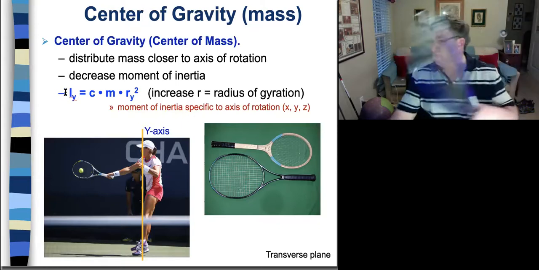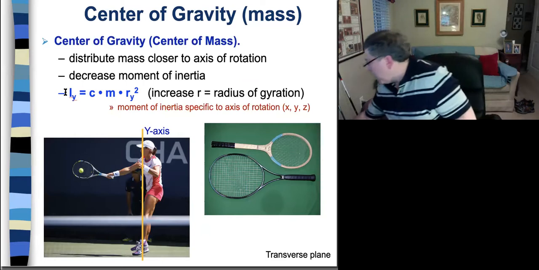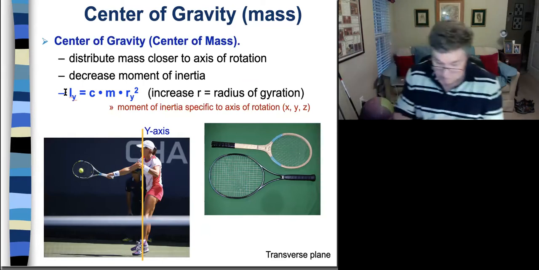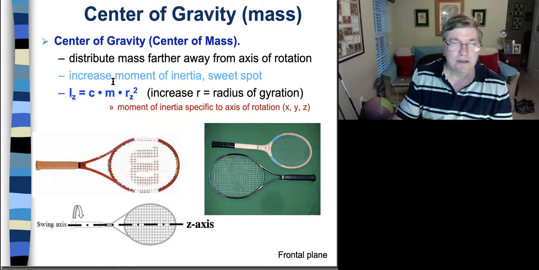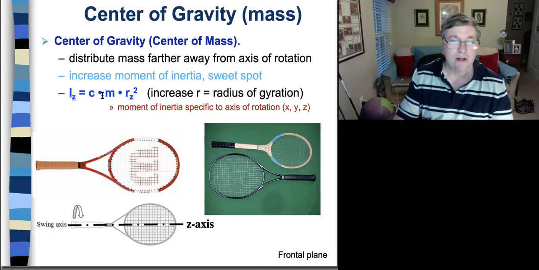So that means the moment of inertia along the y-axis is actually down. When with the same racket, even though the mass is less, what mass you have around the racket head is distributed farther away from that z-axis. So in this case, R is increased. And remember, this moment of inertia is proportional to the square of the radius of gyration. That's critical. That means that this term goes way up.